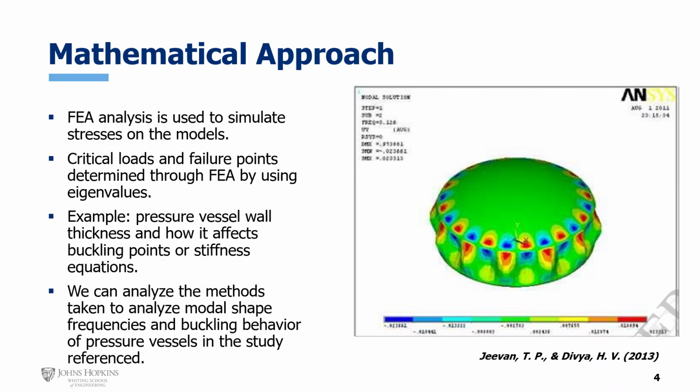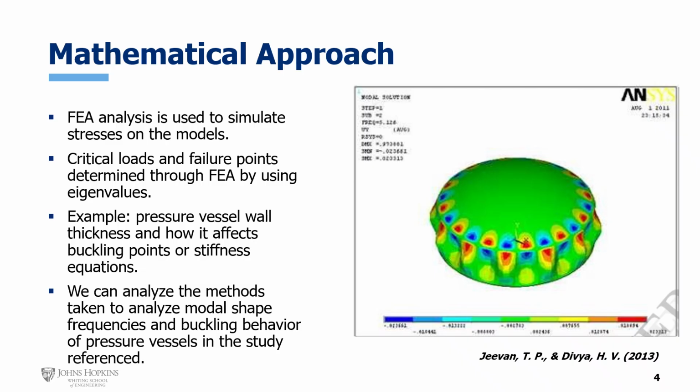We simulate stresses on these models and find critical loads and failure points determined by FEA through these eigenvalues. The pressure vessel wall thickness plays a huge part, which you'll see in the later slides. We have an example from the text that shows the relation between pressure vessel wall thickness and the critical buckling point.